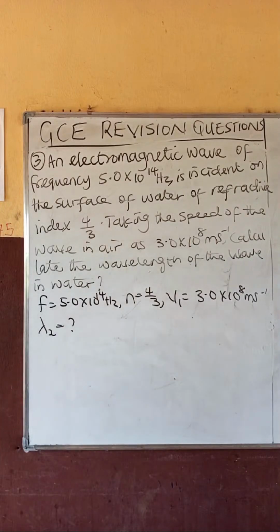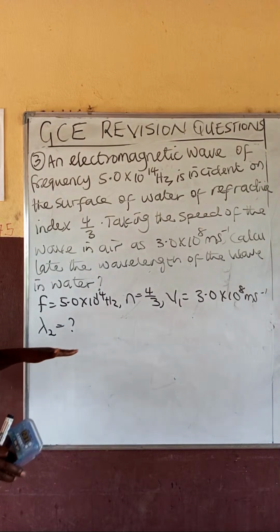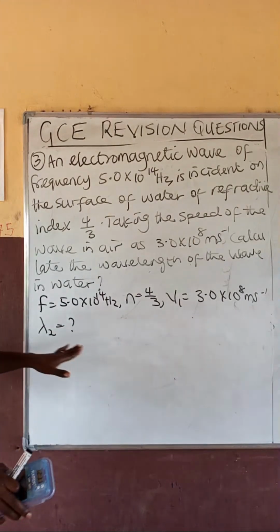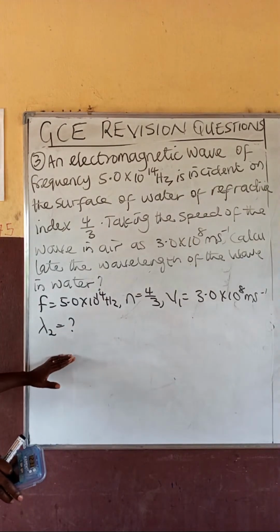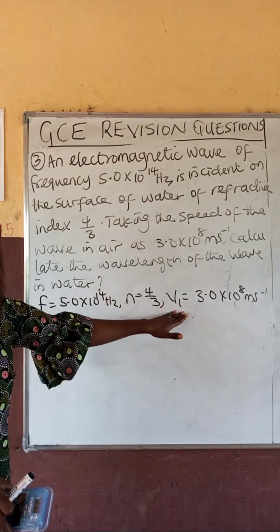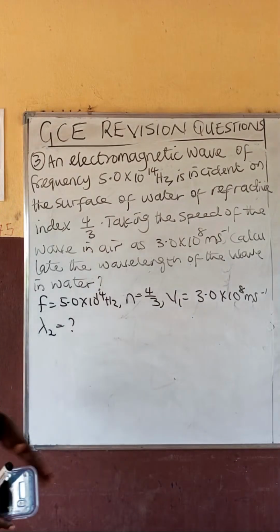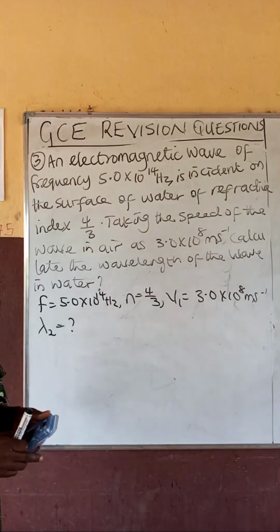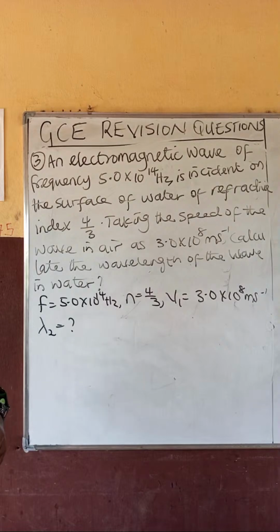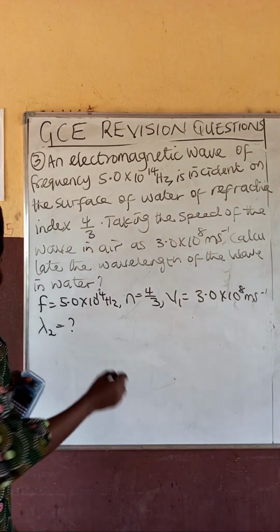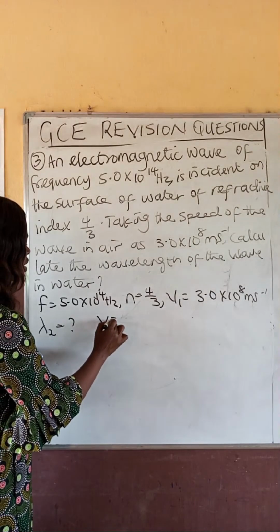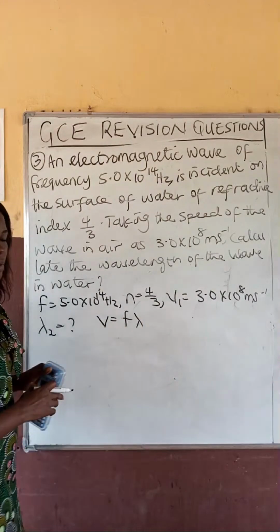Now, for us to be able to do that, we are given the refractive index, yes? We are asked to find the wavelength in medium 2, and we are given the speed of the wave in medium 1. But we don't even have the wavelength in medium 1. So we need to get the wavelength of this wave in medium 1, okay? Now, following this relationship, that V is equals to F lambda, right?